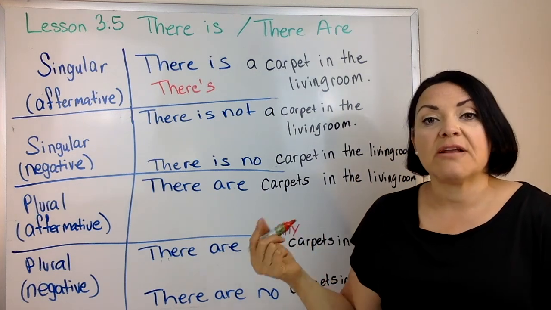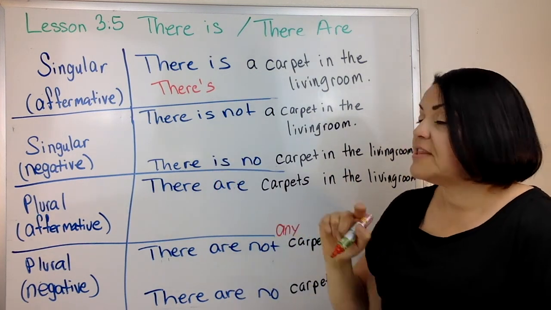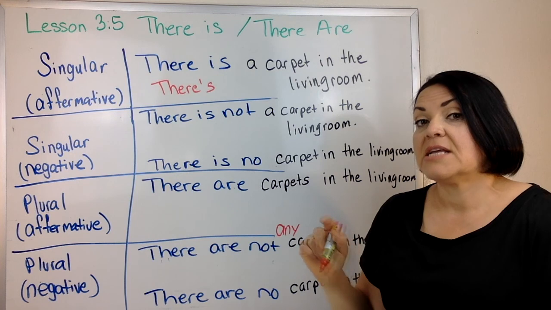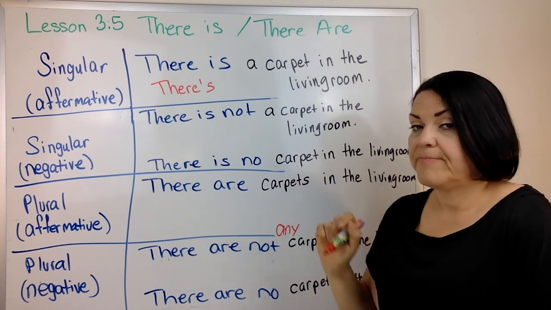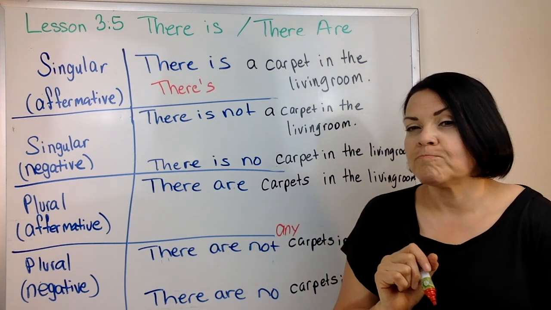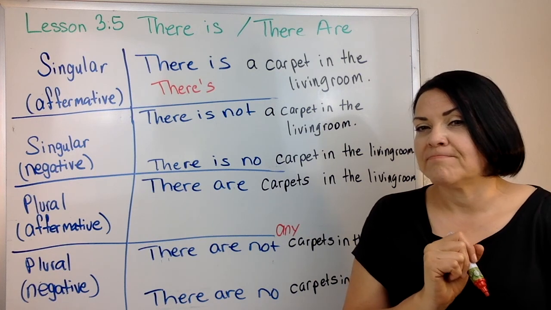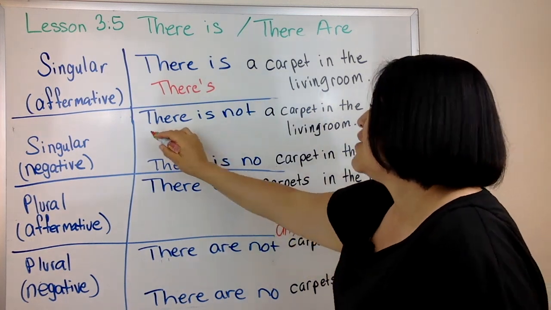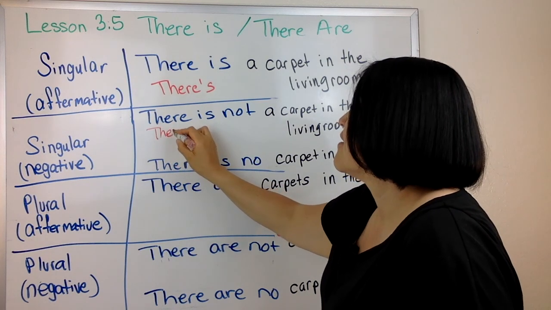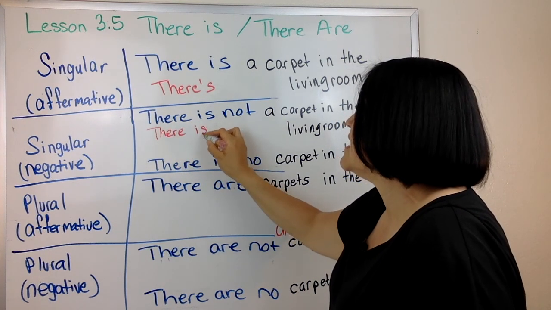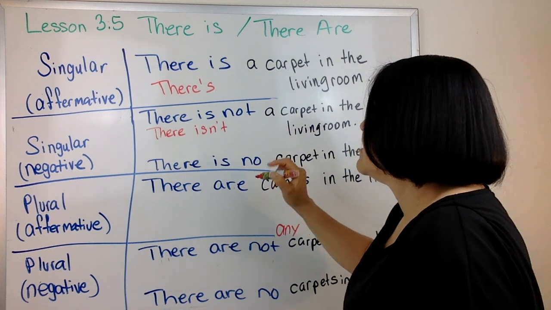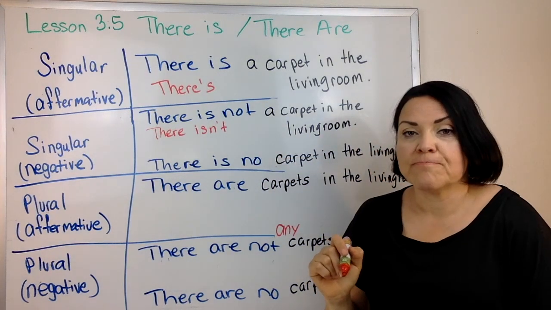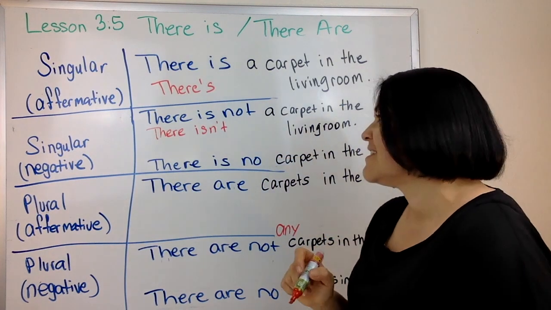It means there is. Now with this one, there is not a carpet. What do you think we can do? What are the contractions? There's two of them, right? You're going to hear there isn't a carpet in the living room, right?